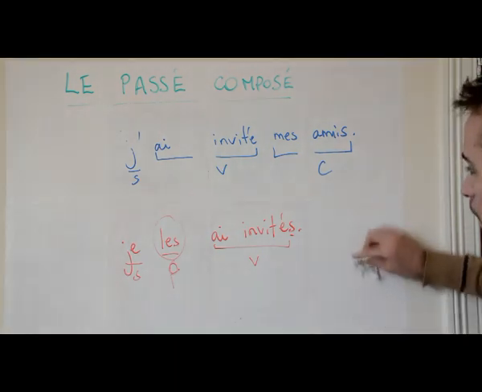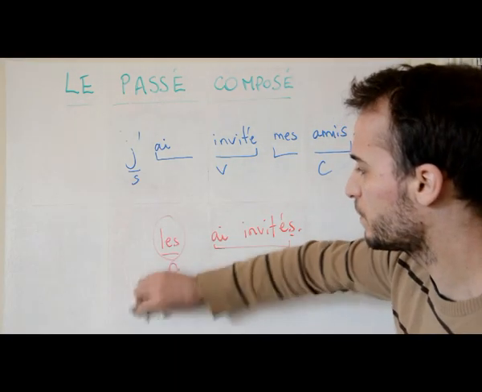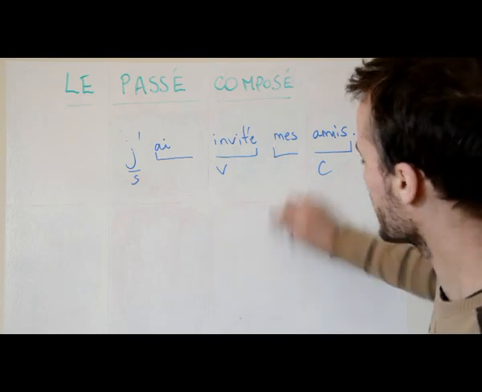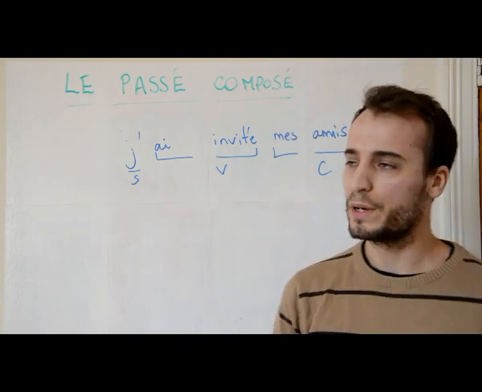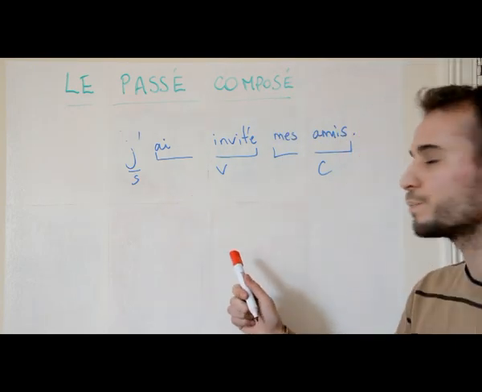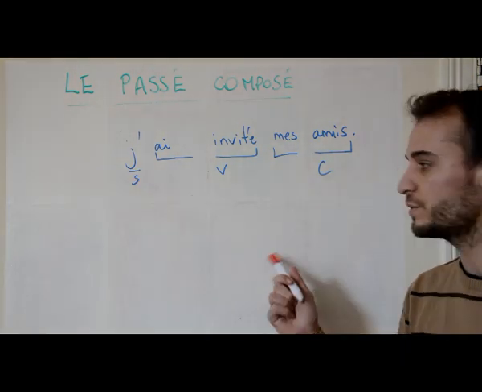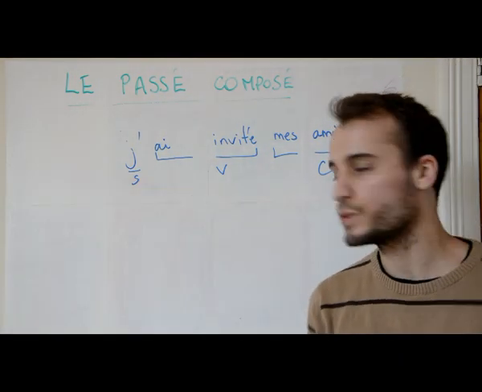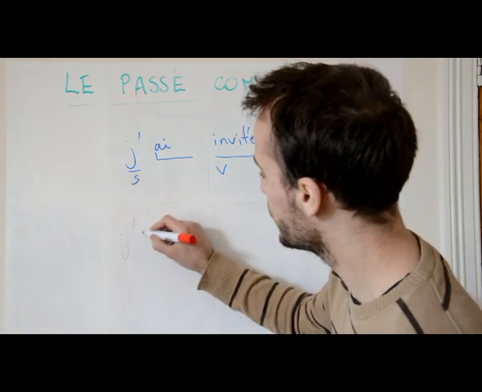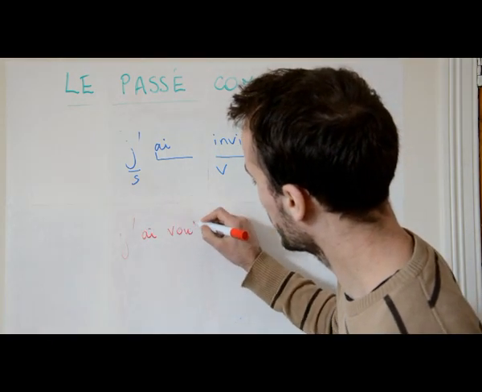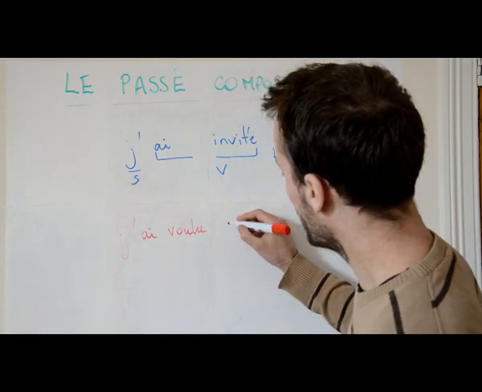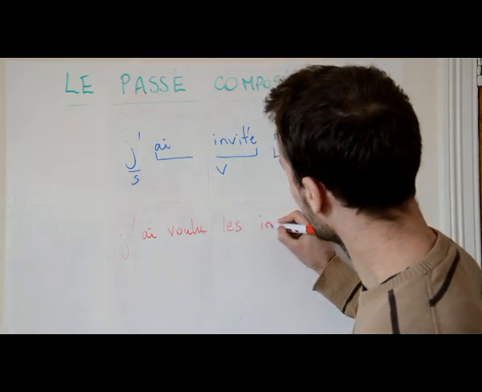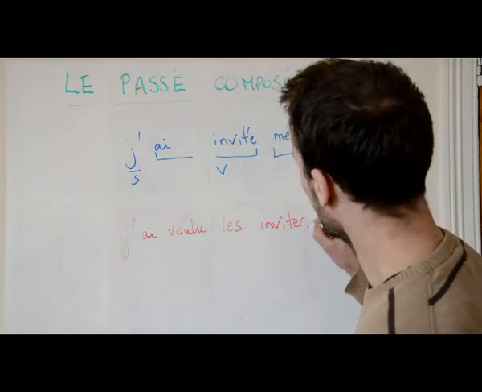Then, there's a bit of an exception here, which actually makes sense, it's not too hard to understand. For the verbs which are using an infinitive, for instance vouloir, to want, if I'm saying j'ai voulu, I would have to say les inviter. Okay?